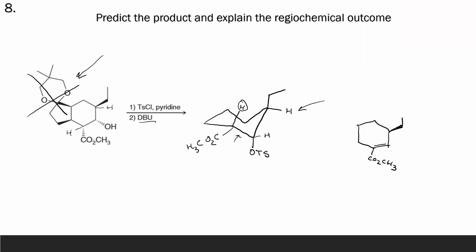If you have a molecular modeling kit, I suggest practicing using it and putting together molecules, and then you can practice some of these E2 type reactions with the modeling kit and determine the regiochemistry that will occur when you're undergoing that elimination reaction. So definitely suggest practicing with the modeling kit if you have that available to you.